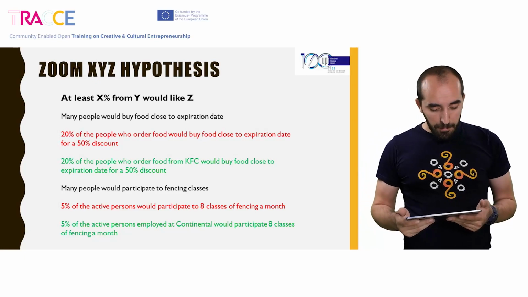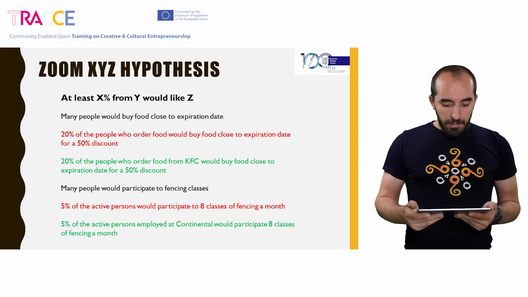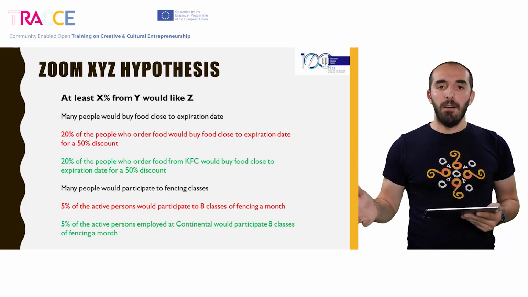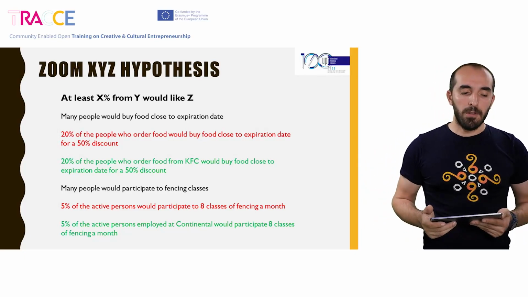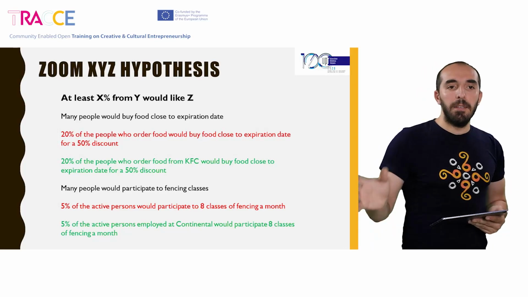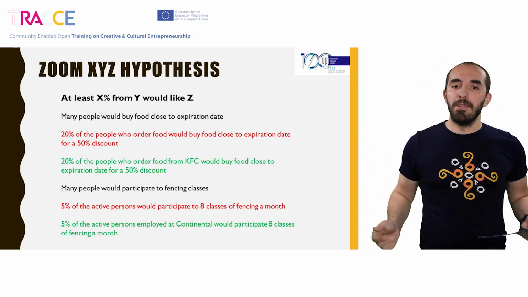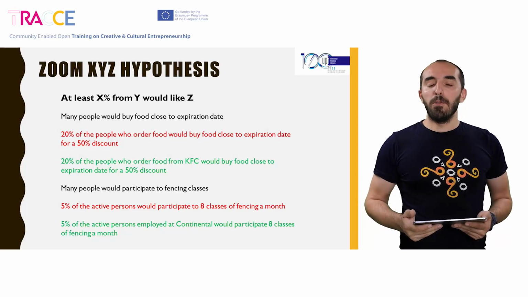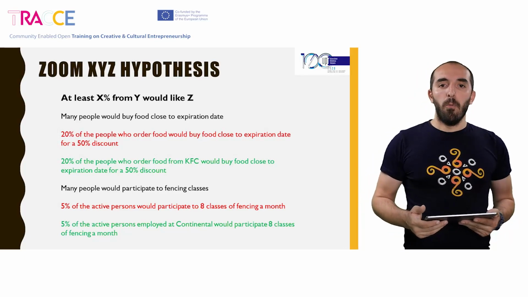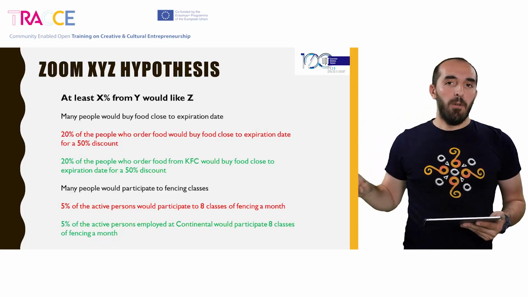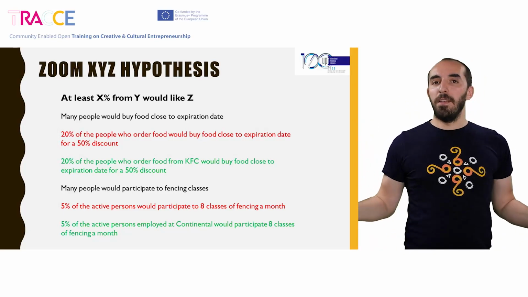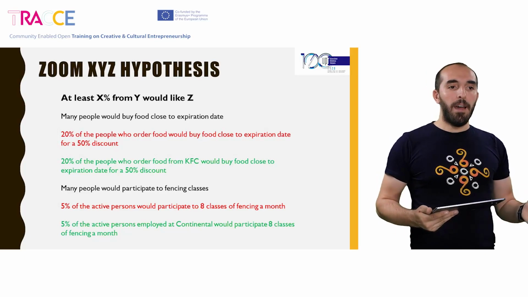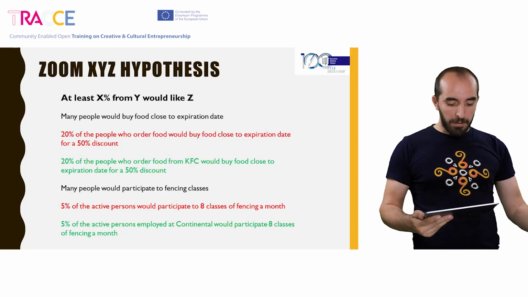So, for example, instead of testing if people want to buy food close to expiration date in every restaurant in your city, in every restaurant in your country, maybe it's good enough if you start with only a chain of restaurants. For example, KFC.